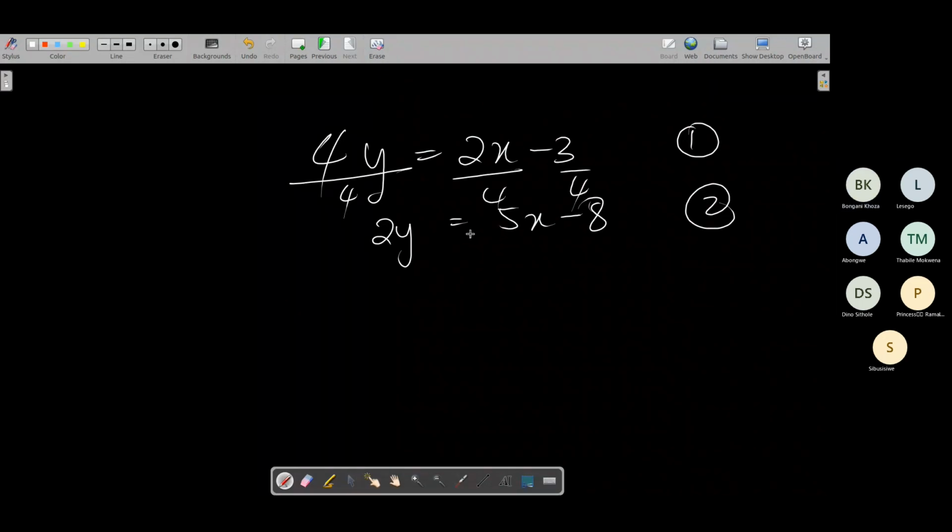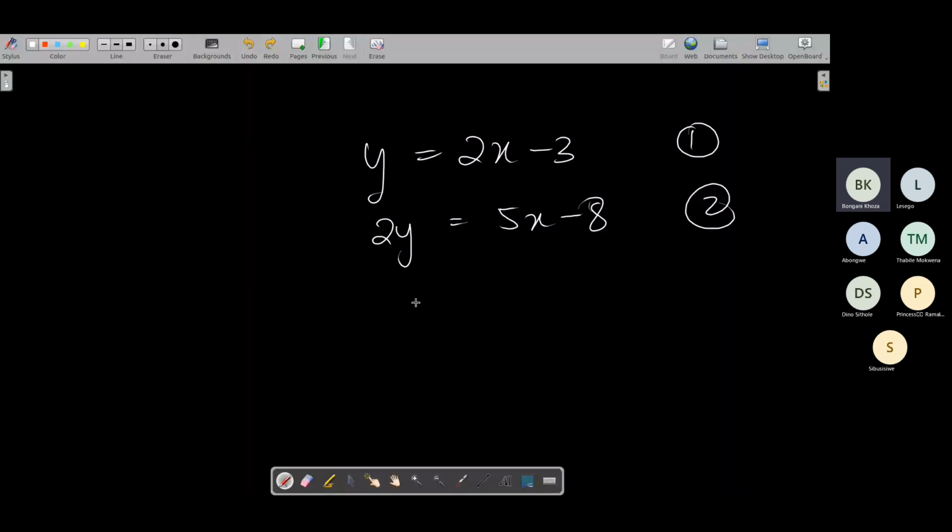All right, slow down. So what we are trying to do, we're trying to take equation 1 and make a variable the subject of the formula.